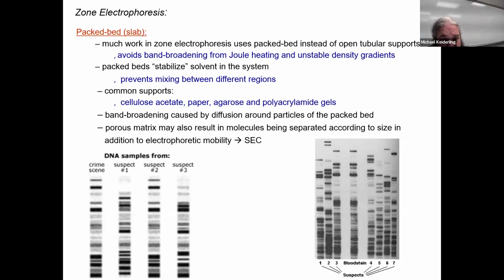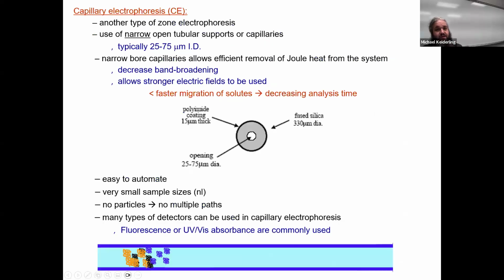Band broadening can be caused by diffusion around particles in the packed bed. And a porous matrix may also result in molecules being separated according to size in addition to electrophoretic mobility. So here are some examples with DNA samples or blood stains being separated by electrophoresis.